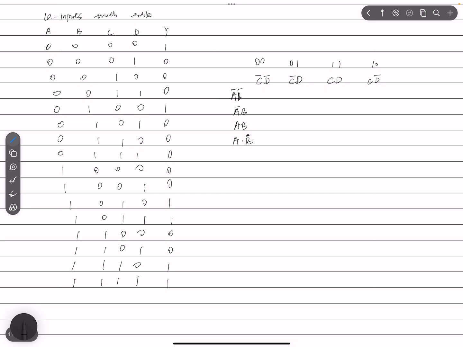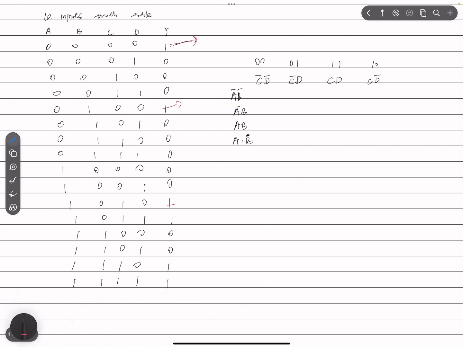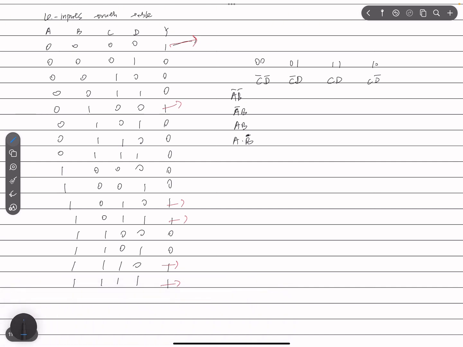So sometimes, based on the output, we can change the order of these inputs. Let's start from the first one, it's A bar, B bar, C bar, D bar. We only look at the rows that give us ones. For the ones, we have A bar, B bar, C bar, D bar, which is here, 0, 0, 0, 0.